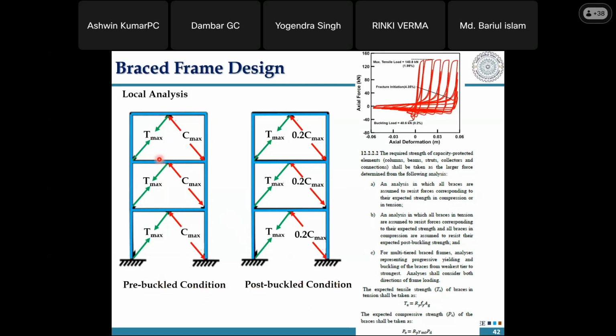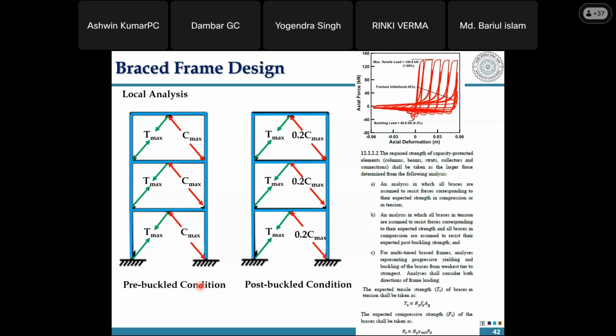In the pre-buckle condition, I consider that all my floor levels, and that is where it becomes a little bit complicated, even if it is a 3-story structure or a 12 or 15-story structure, we are taking a huge consideration that all the braces at all floor levels reach their Tmax and Cmax simultaneously. Under that condition, if you remove the braces, give components of forces like T and Cmax, resolve them at these nodes, find the forces in my beams and columns and design accordingly, then that becomes the pre-buckle condition, right?